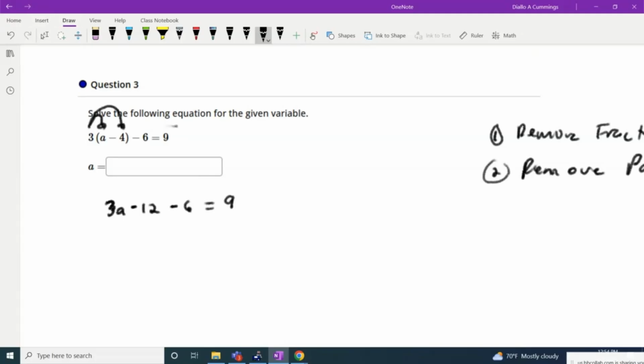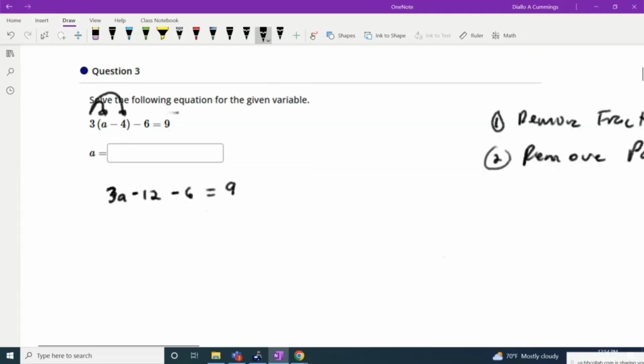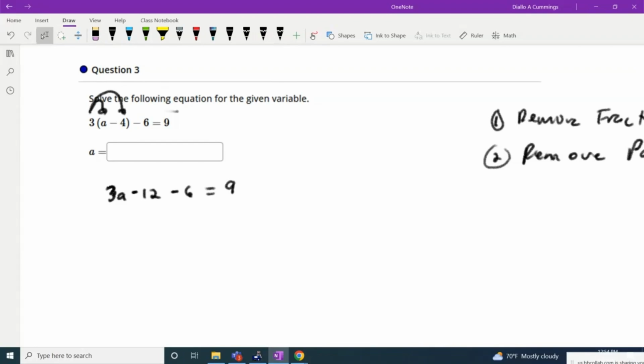All right, so the next thing I want to do is I want to combine like terms on both sides of my equation. So this equal sign, it separates this equation up into a left-hand side and a right-hand side. All right, so if I look on my left-hand side, I have two like terms, which are these constants.